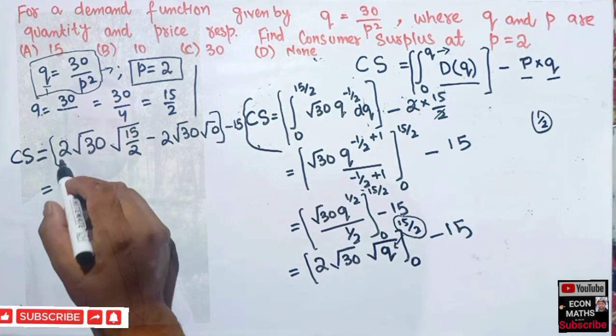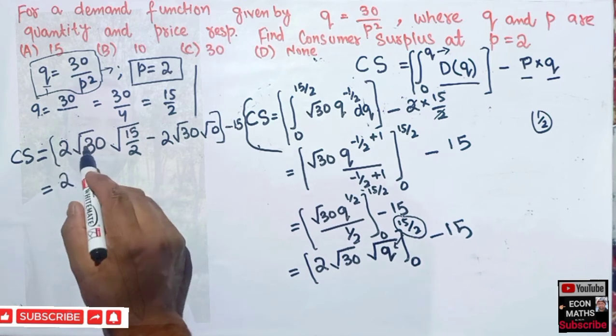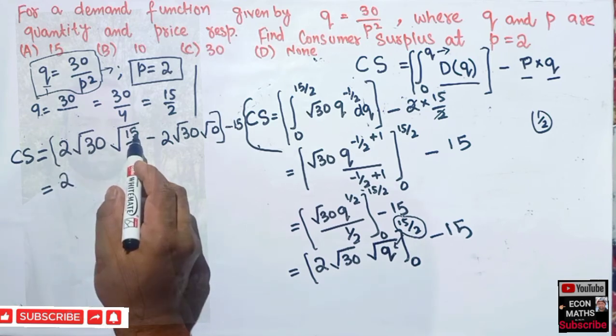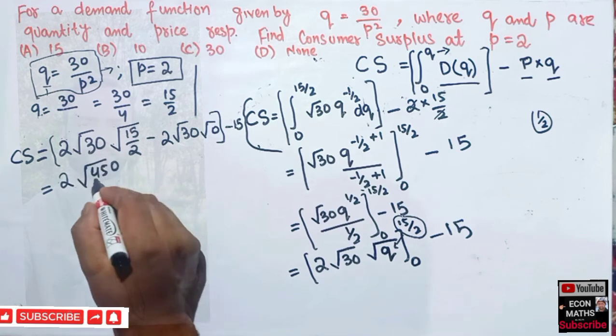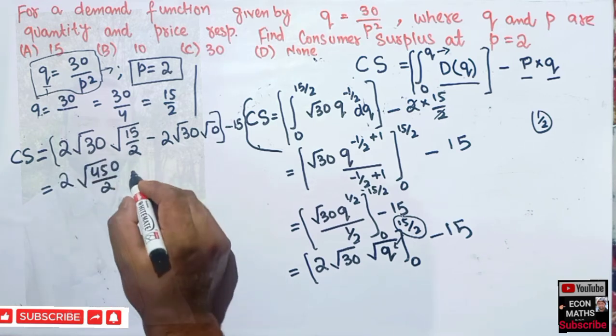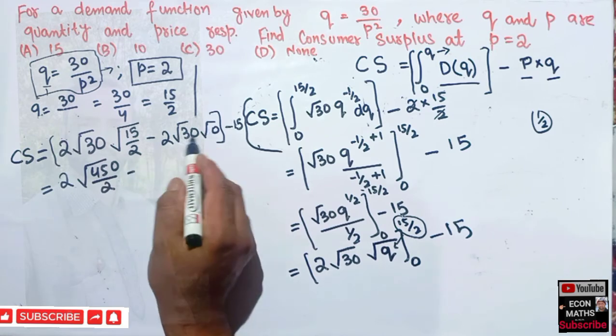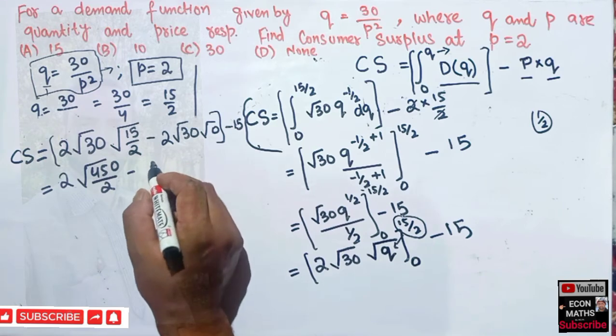So we have here 2. Now under root 30 into under root 15 is equal to under root 450 divided by 2, minus this thing will become 0 because any number multiplied by 0 would become 0, minus 15.